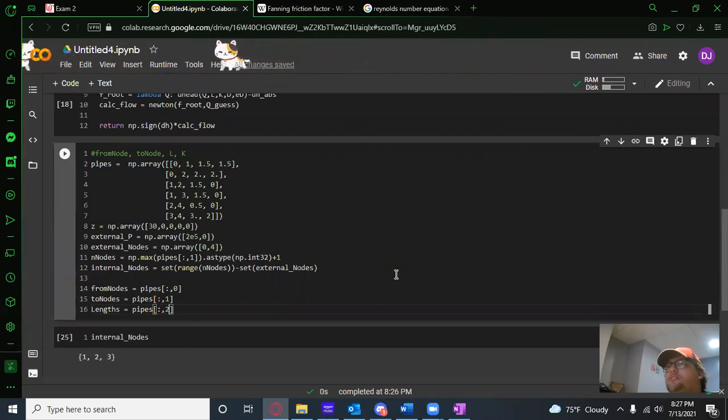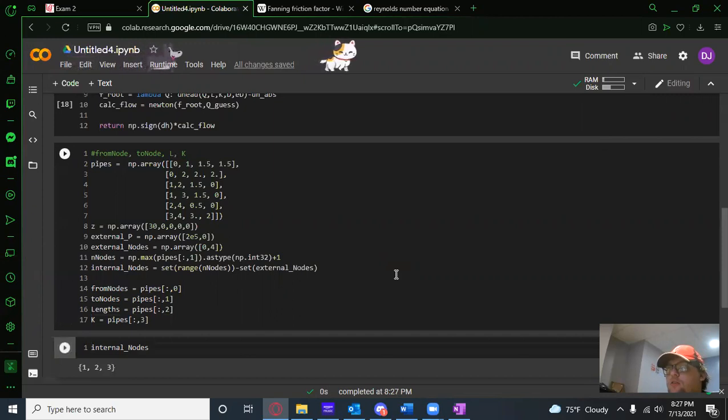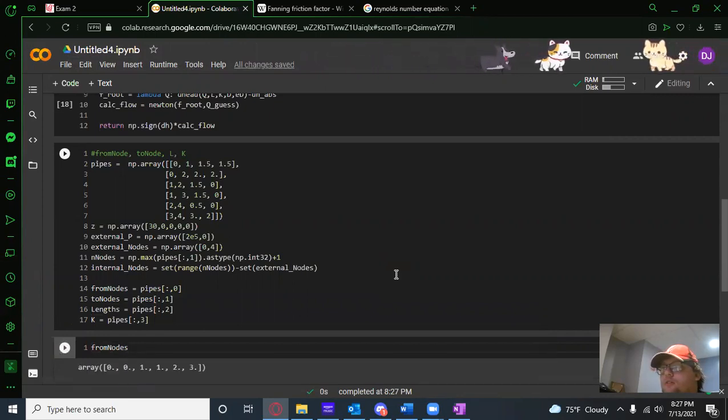Excuse me, I'm having heartburn. And then our k, which is pipes, all the arrays, 3. Then just to make sure it worked, from nodes, helps if I could spell correctly. To nodes, make sure none of them are empty.